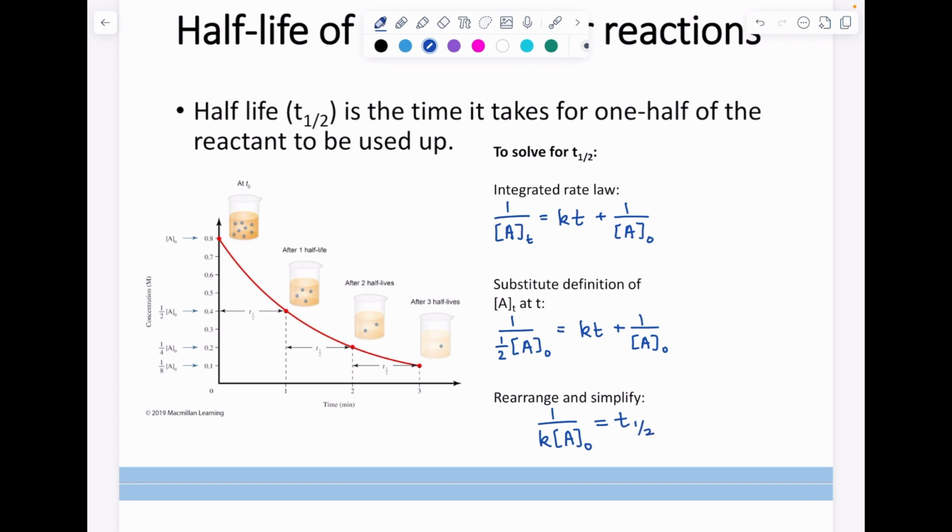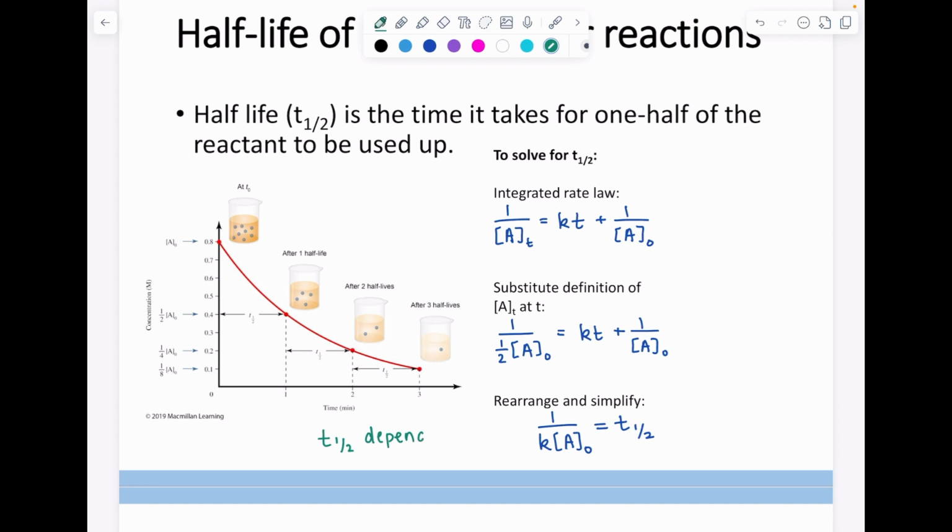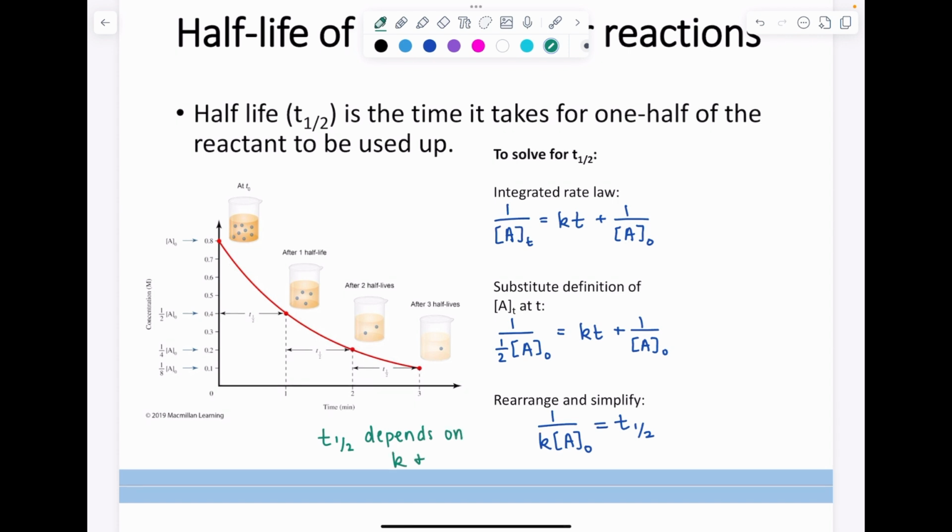Now for this second order reaction, having the initial concentration as part of the equation means that half-life for a second order reaction does depend on both K and the initial concentration of A. And we know that because it is part of the equation.